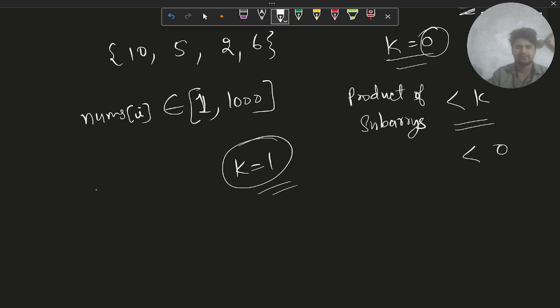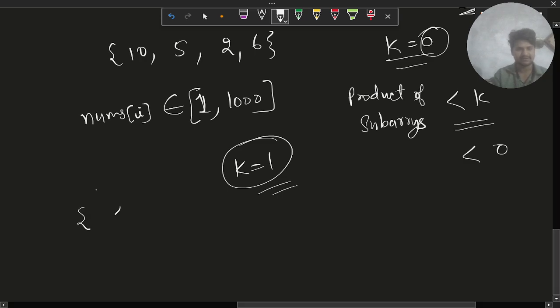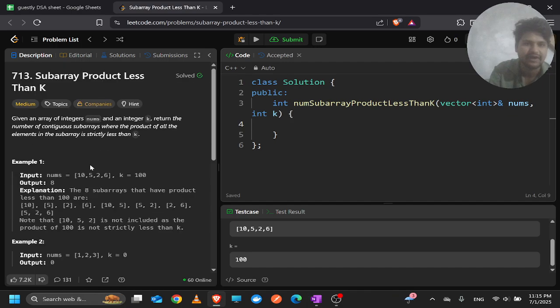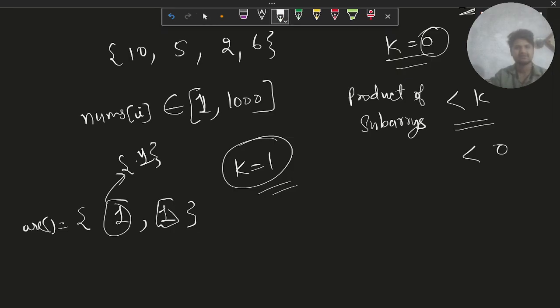If you are thinking about the case where the array we have is 1 and 1, we can form a subarray and it has a product of 1. But read the question carefully, we have to find the product less than k.